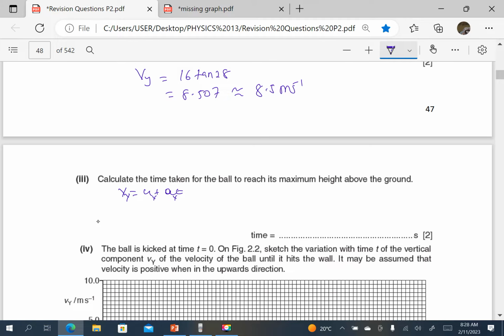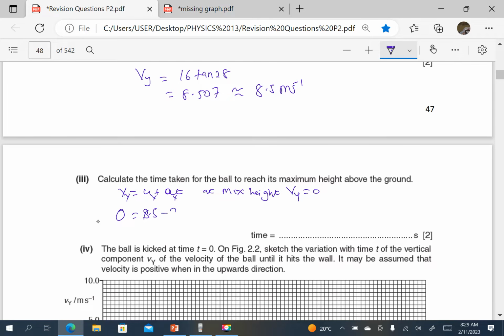At maximum height, v is 0. v in the vertical at maximum height is 0. So 0 equals the initial velocity in the vertical, which we have as 8.5. It is moving against gravity, so acceleration is negative g.